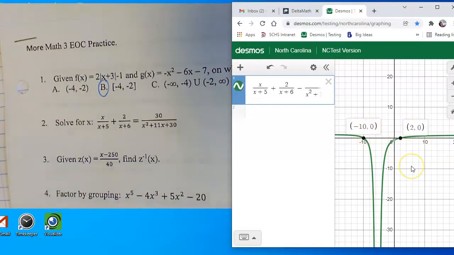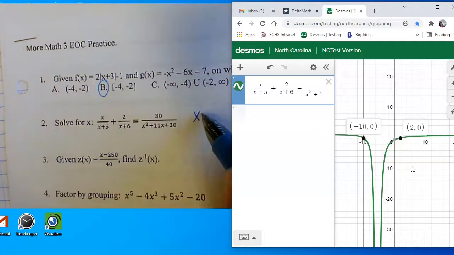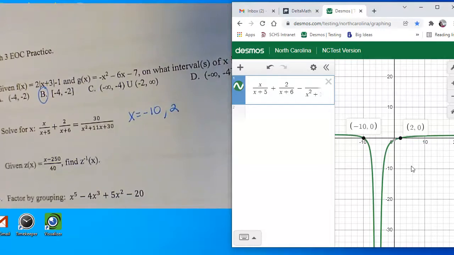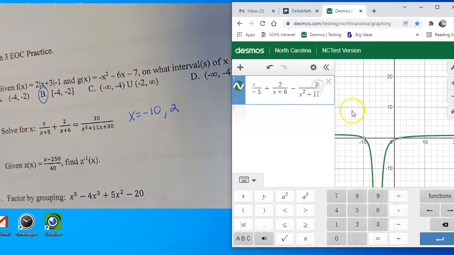So it's only those two. And that means that our answers are -2 and 10. I did. You just can't see it. It's there. I just subtracted it over, and I looked for where it crossed the x-axis.